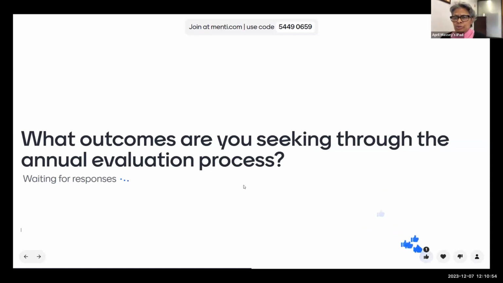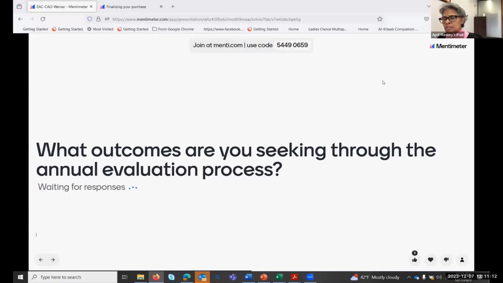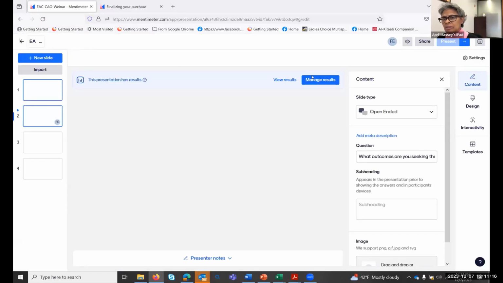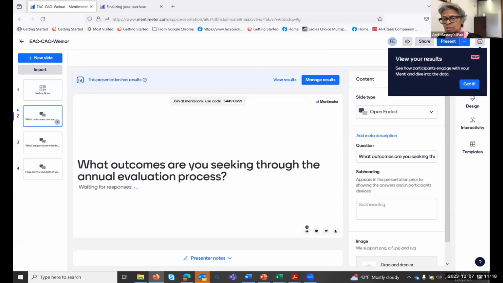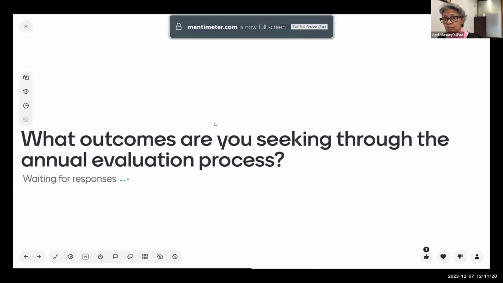The reason I asked for the question to come back up, I can't see the responses coming up, but what I would really like for people to do is to be really clear and objective in terms of what it is that you want annual evaluation to be for you. What outcomes are you seeking when you engage in this process? We described in discussing the agenda that the annual evaluation process is really the faculty members' self-study process.